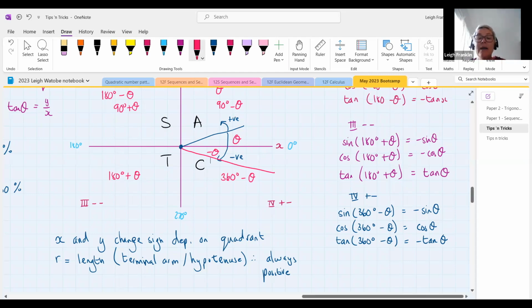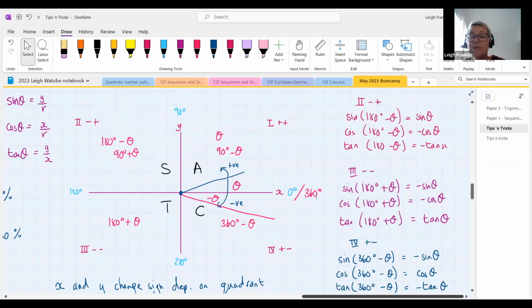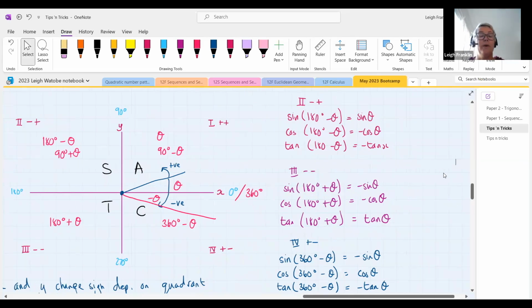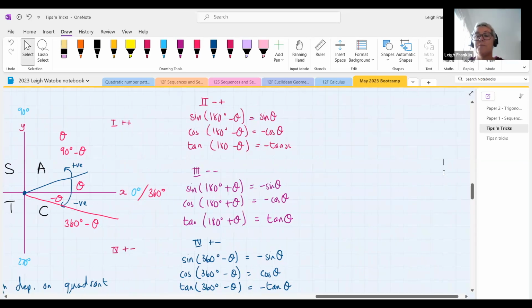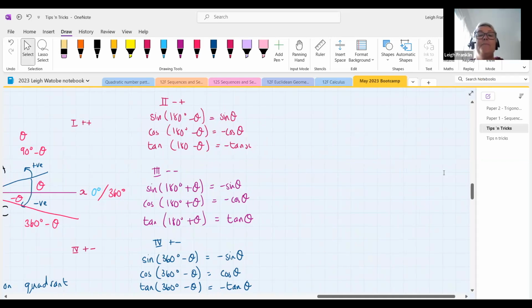The idea behind negative angles is this: 0 degrees and 360 degrees are in the same position. You've done a full circle in an anti-clockwise direction. Okay, so 0 and 360 are in the same position. Let's just move over and talk about negative angles.